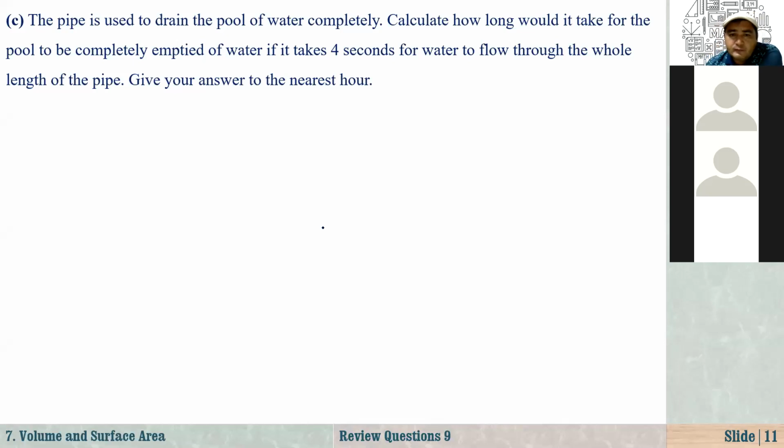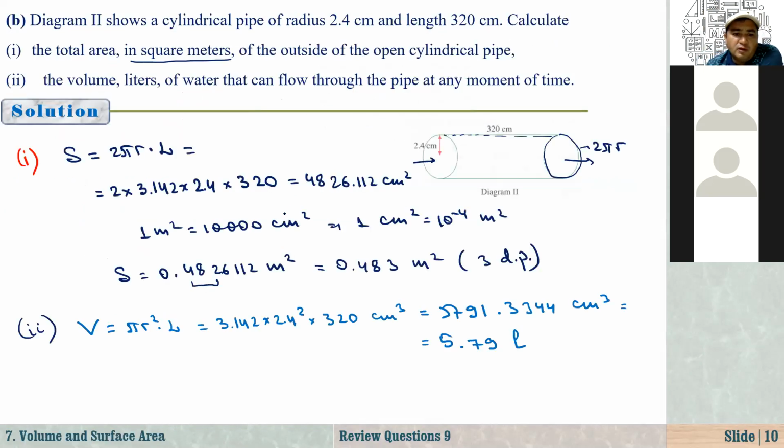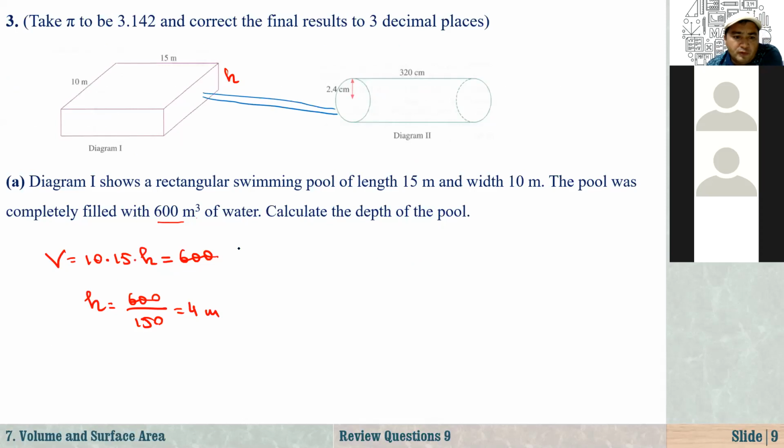Okay. So here, the pipe is used to drain the pool of water completely. Now, if you just get back to the first question, using this pipe, we just connect it to the pool, and we are draining this pool. And we know that the volume of the pool is given here, 600 meters cubed, right?